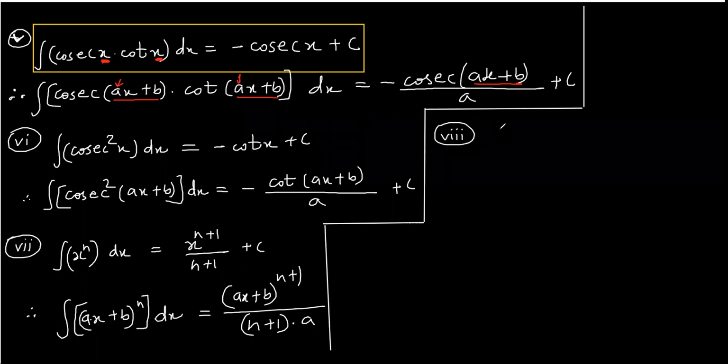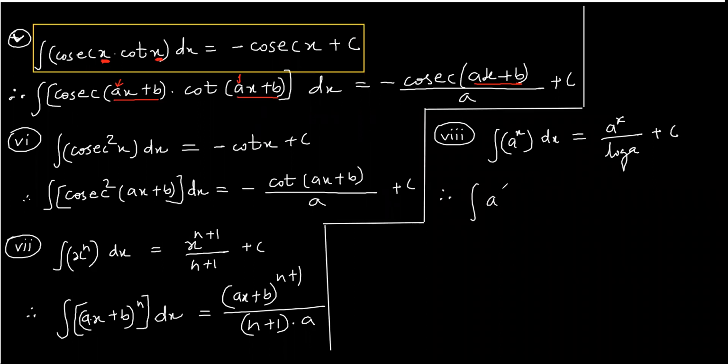Eighth is integration of a raised to x dx is a raised to x upon log a plus c. So therefore, integration of a raised to, see, I'm again writing the same function. What I'm doing is I'm replacing the variable by linear algebraic in x.